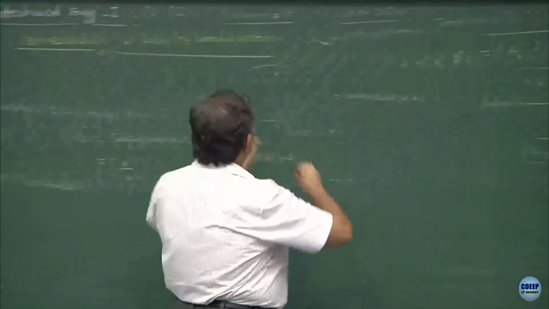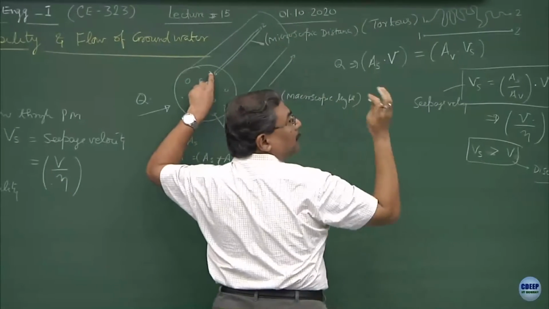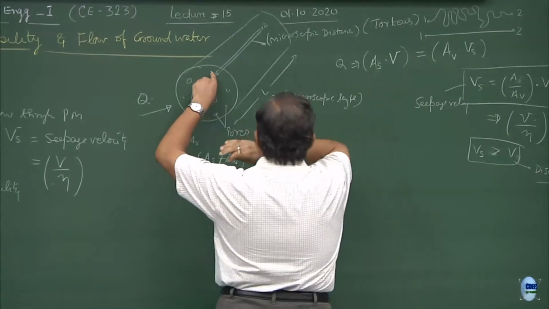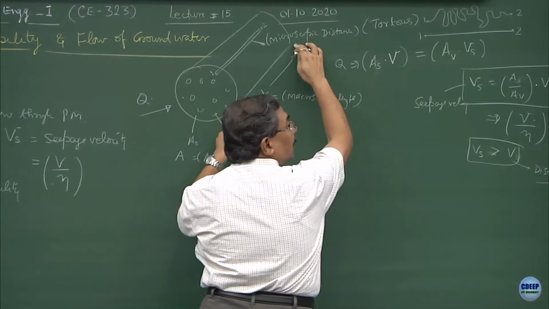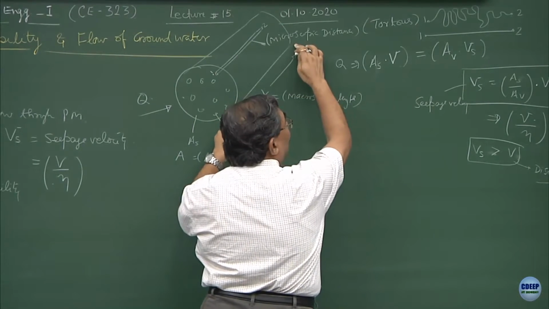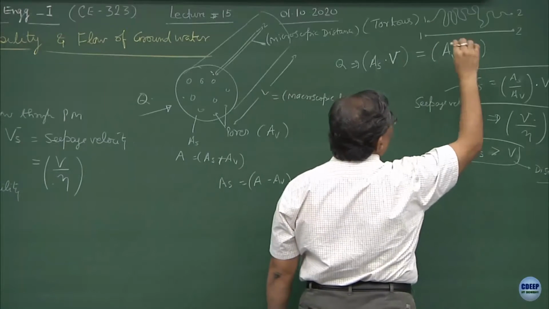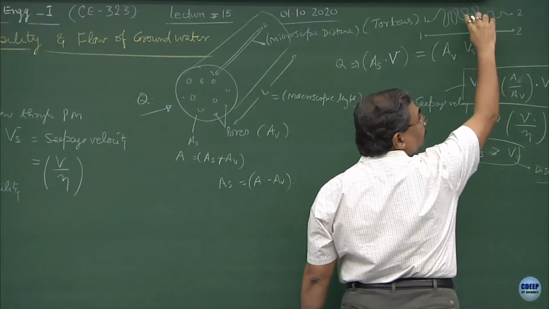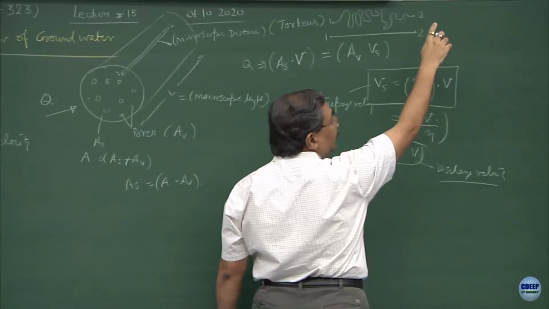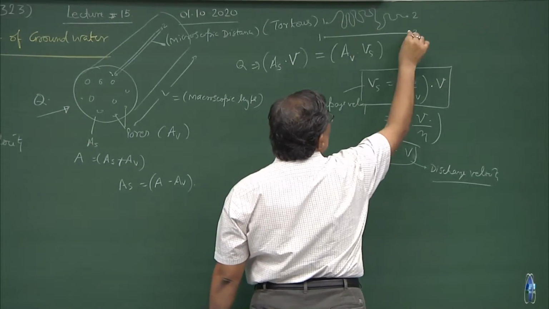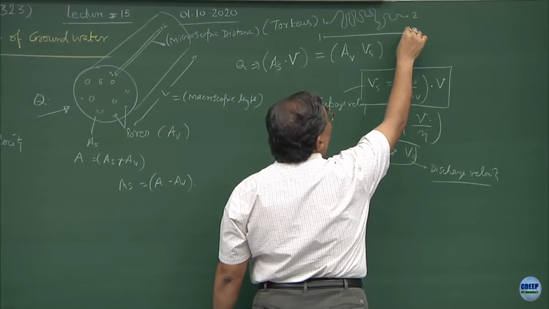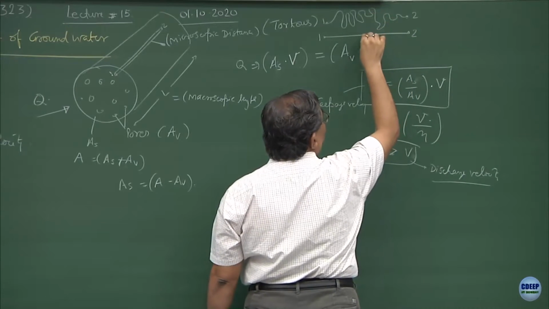See, when the water is entering from 1 to 2, there are two possibilities: either the water moves through the macroscopic length, which is the physical dimension of the sample, or through the interstices of the soil sample, which are quite tortuous in nature. That means, in the same time, if the same distance is to be covered, the velocity through this is going to be more than velocity through this.